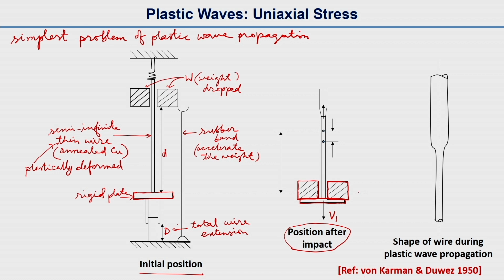If we consider this dotted line, the initial position of the plate, as x equal to 0, and a point on the wire at x equal to x, then this distance is x. The displacement of this point in the downward direction is u.